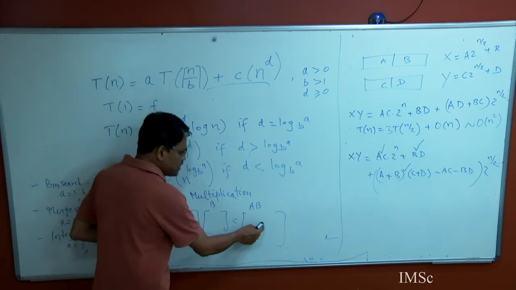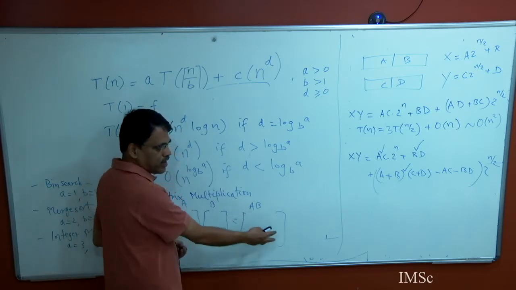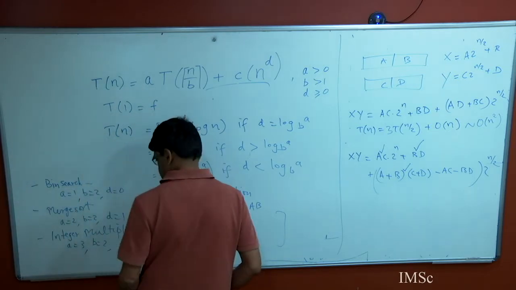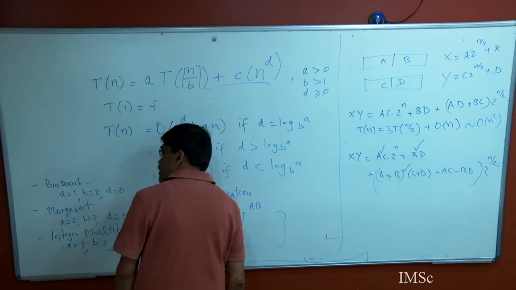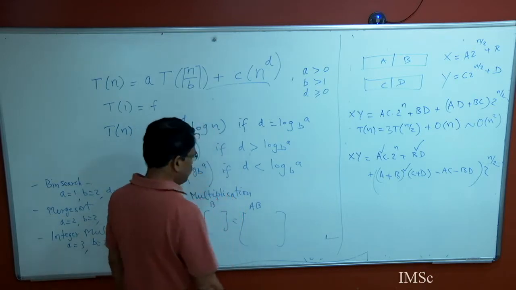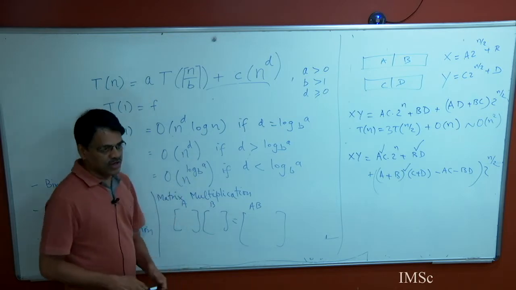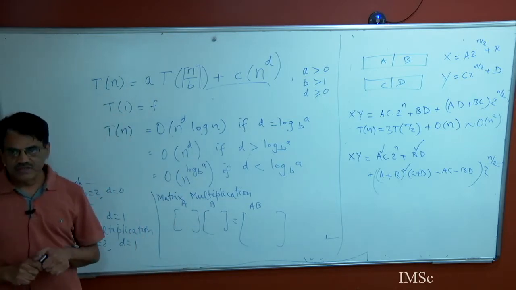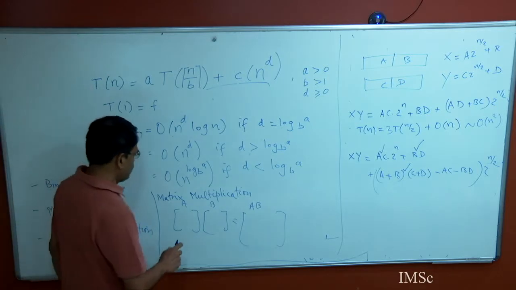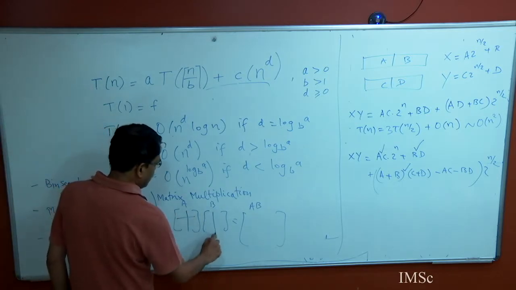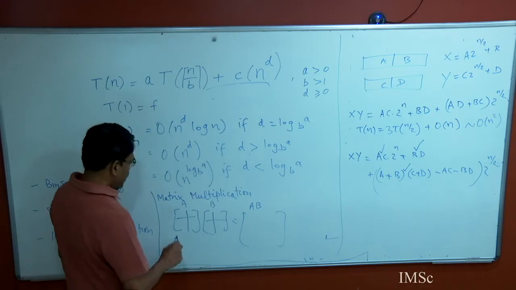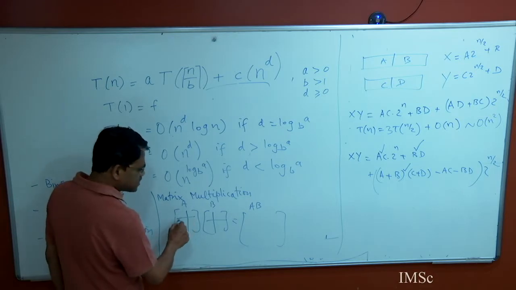So for each entry in the n square product you are computing, you are spending linear time. So that gives you an n cubed running time. And we said let's try divide and conquer, because that seems to be the fashion. How did we do? Again, we divide these two matrices into n by 2 by n by 2 matrices each.